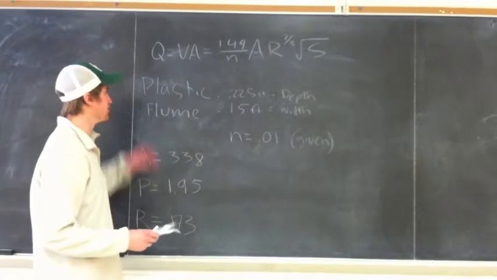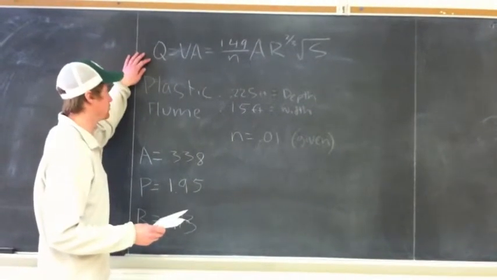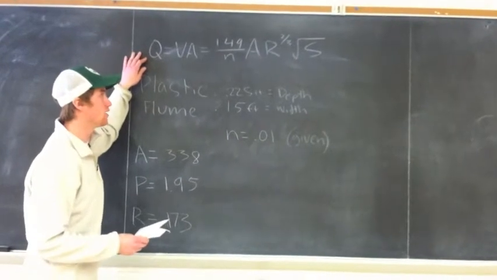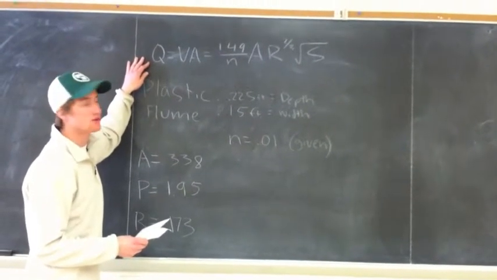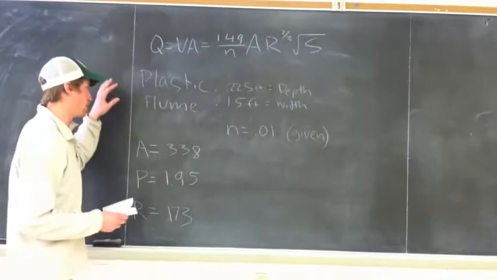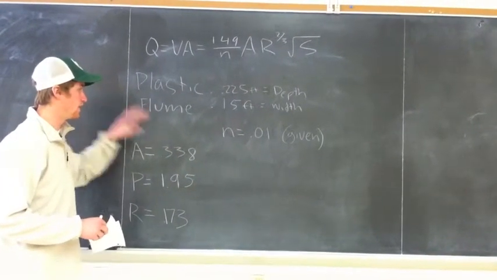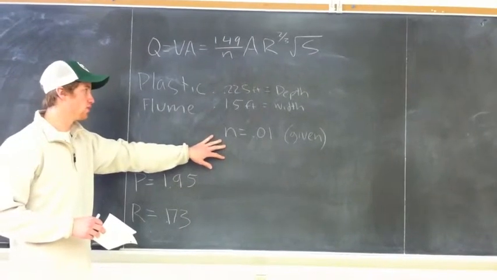Okay, so here we have Manning's equation again. Q equals VA equals 1.49 over n, A R to the 2/3 power, square root S. In a plastic flume with nothing in it, the n is given to us at 0.01.